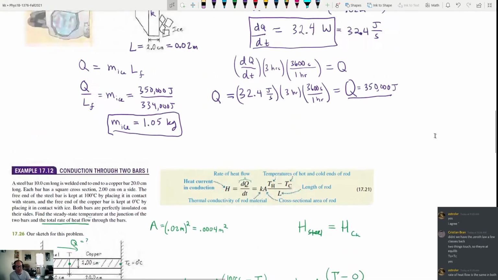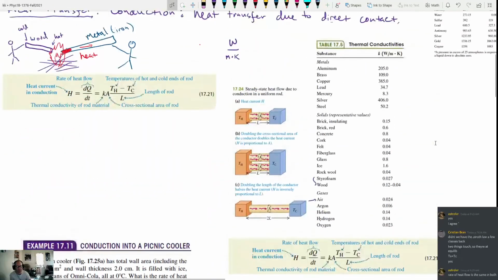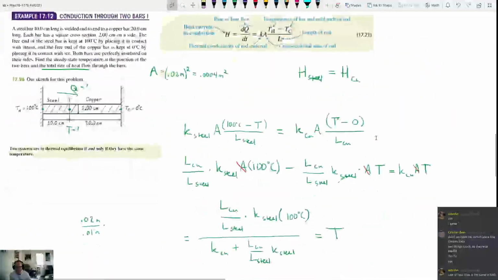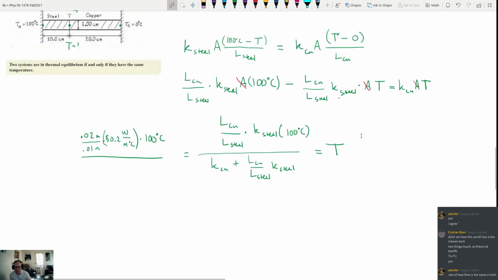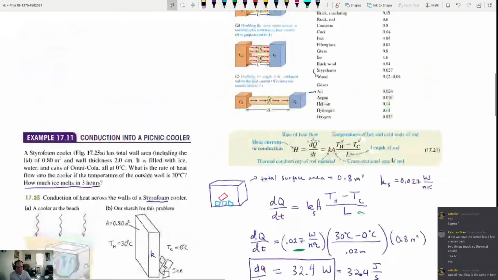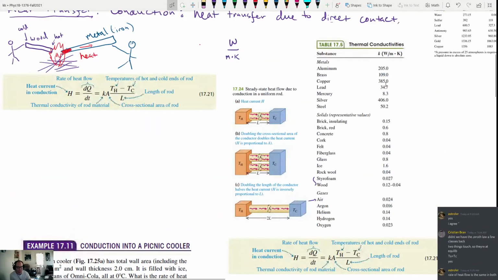Okay, K for steel. Let's look that up. 50.2 is K for steel. And then we need to look up K for copper. 385.